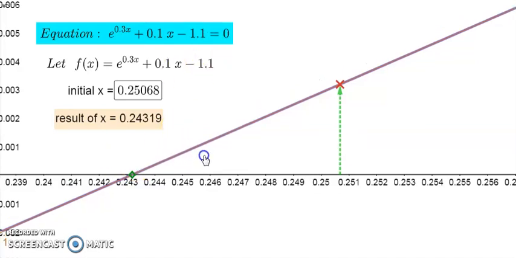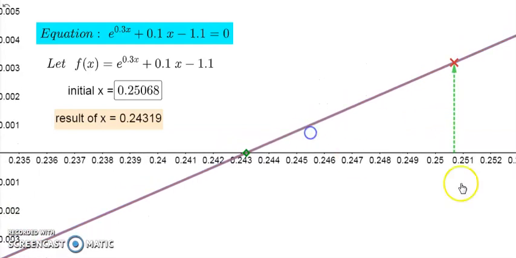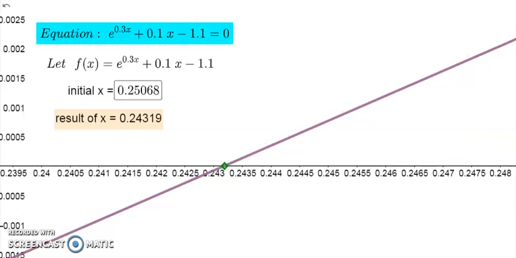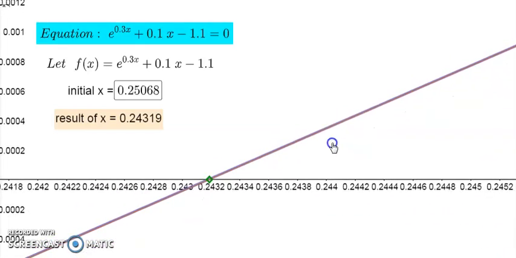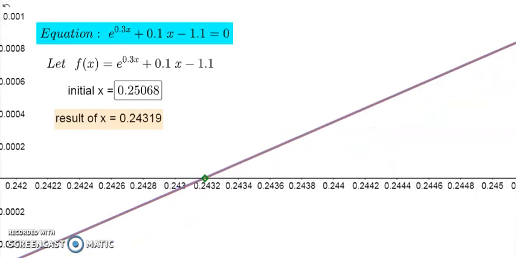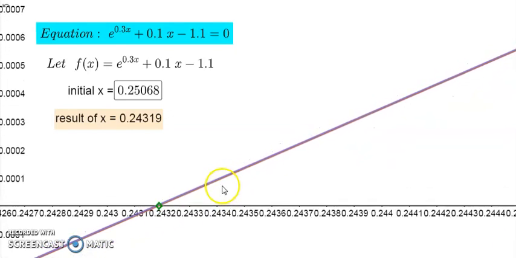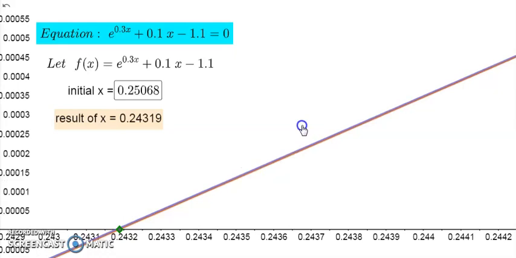But once again, let us investigate further by zooming in to see whether it is true or not. So let us zoom in to see closely whether these two graphs are merged with each other or not.